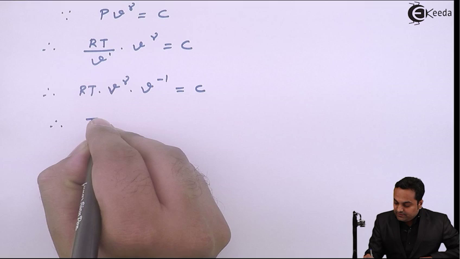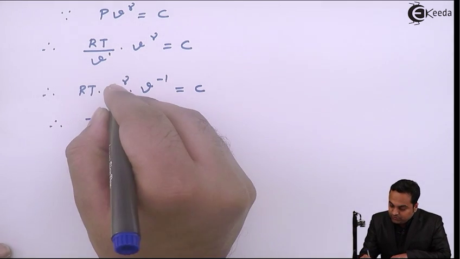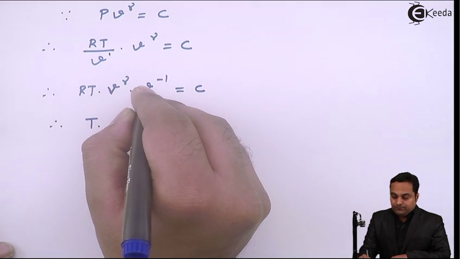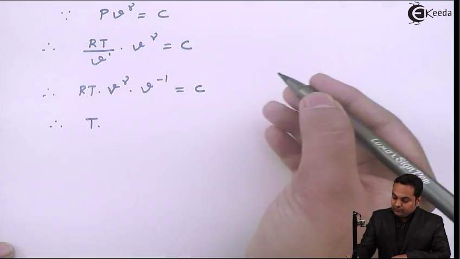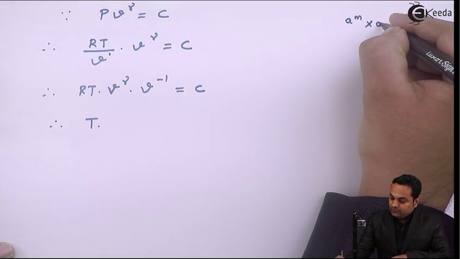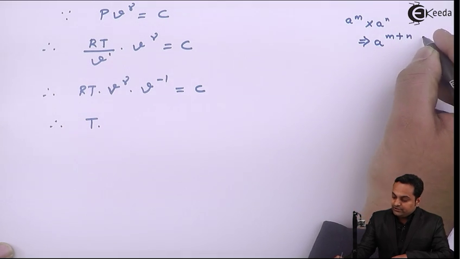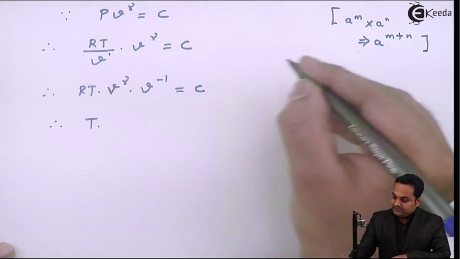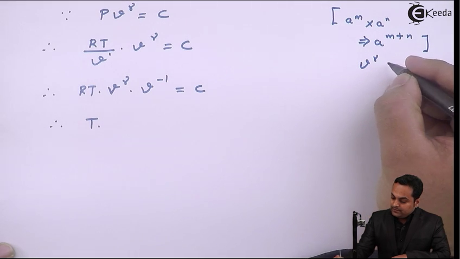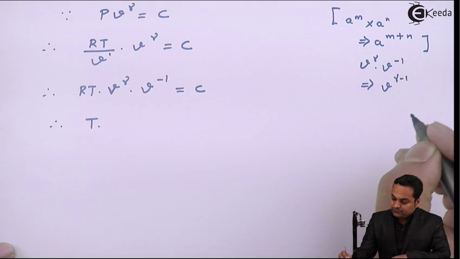Next, this will be T into specific volume. Here this can be solved by using the law of indices, that is a raised to m into a raised to n is equal to a raised to m plus n. So here I can write this as v raised to gamma into v raised to minus 1, that is equal to v raised to gamma minus 1.